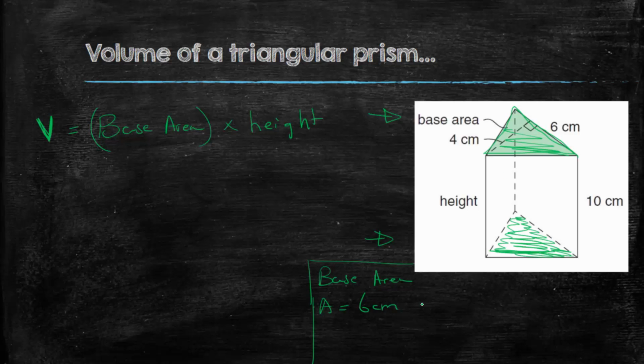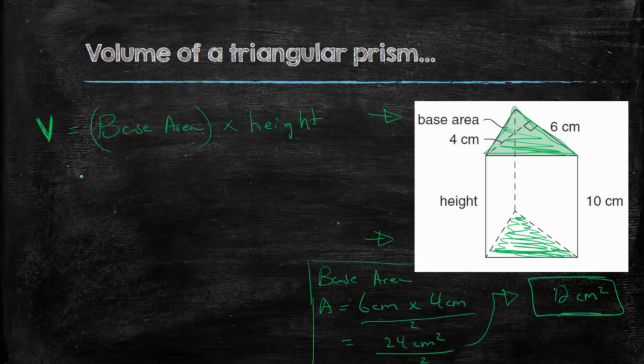So 6 centimeters times height, which is 4 centimeters, divided by 2. Well, 4 times 6 is 24 centimeters squared divided by 2, which gives us an answer of 12 centimeters squared.